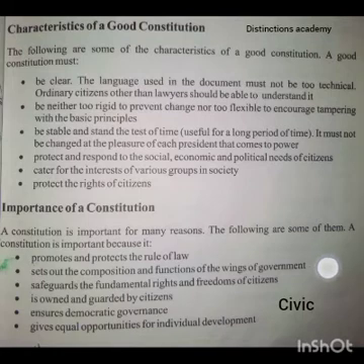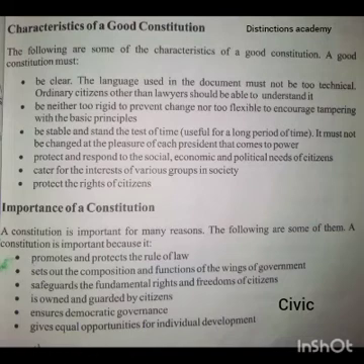In Zambia, we have three wings of government or organs of the government, that is the legislature, the executive, and the judiciary. So in the constitution, first of all, it separates the powers and functions in order for a country to be run smoothly.